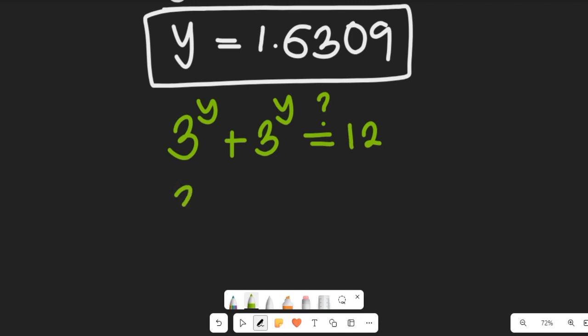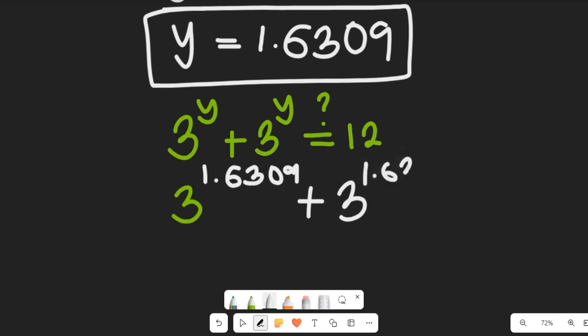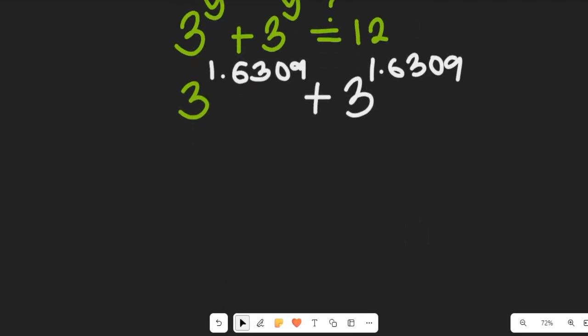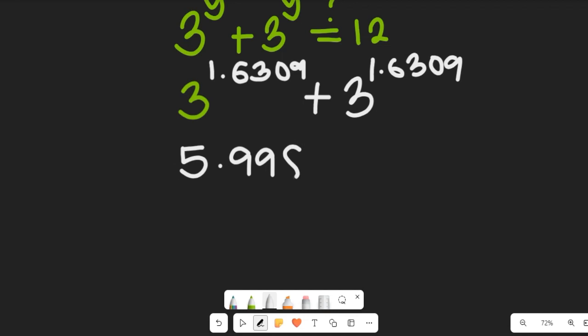So we have this to become 3 to the power of 1.6309 plus 3 to the power of 1.6309. 3 to the power of 1.6309 is going to give us 5.998, plus 5.998.